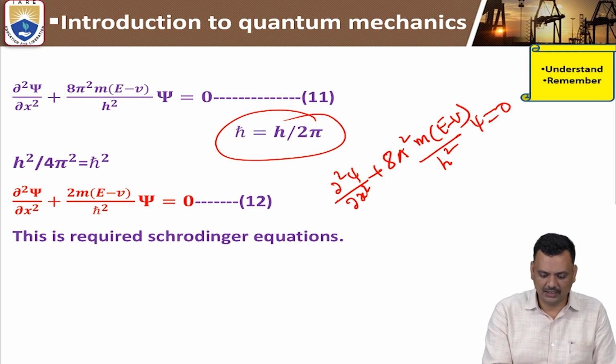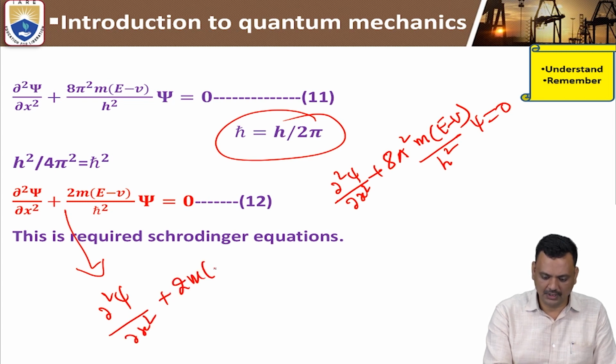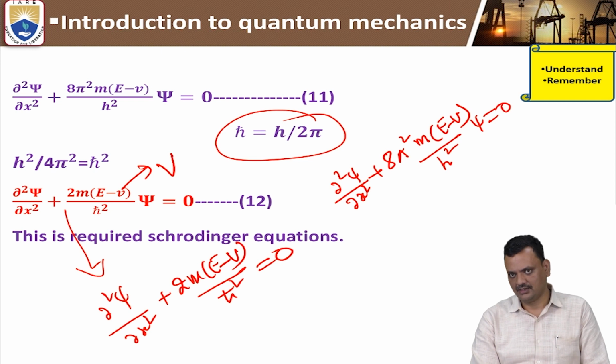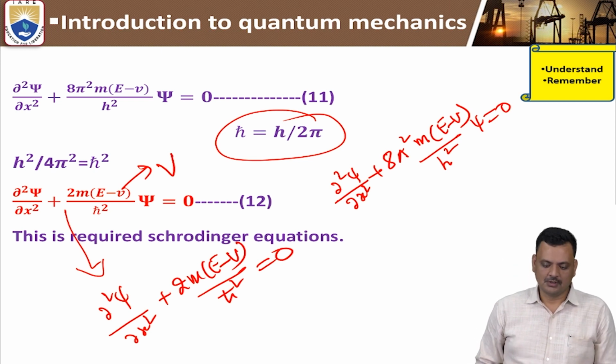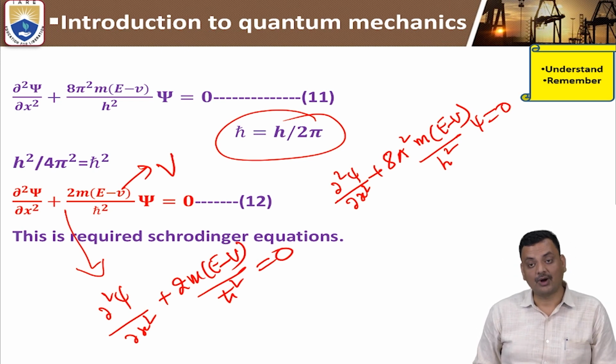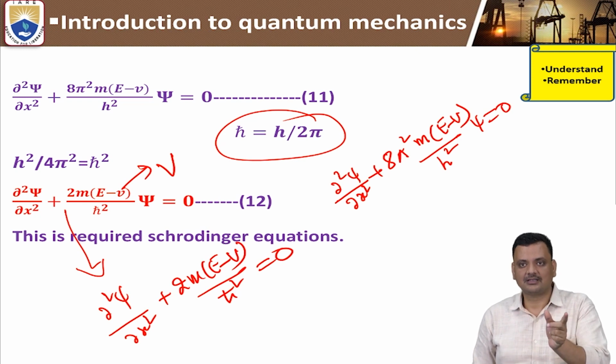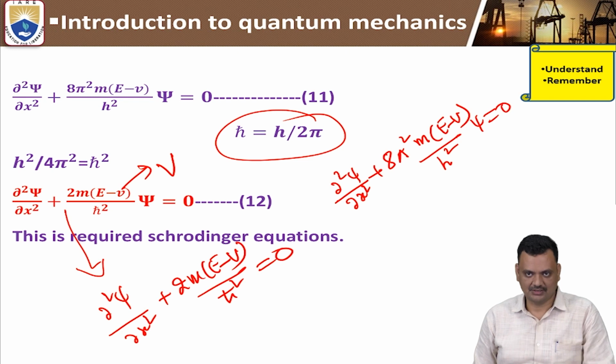So what you will get? d square psi upon dx square plus 2m times E minus V upon h cut square psi is equal to 0. This V is capital V, potential energy. So this is your required Schrodinger equation, meaning this is your required matter wave equation.